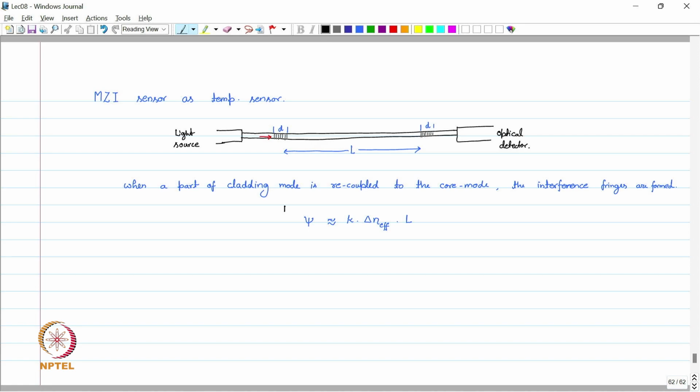So this is the formula to calculate the phase difference, and if we plot this transmission with respect to the wavelength, on the y-axis we have transmission, and on the x-axis we have the wavelength. This looks something like this.